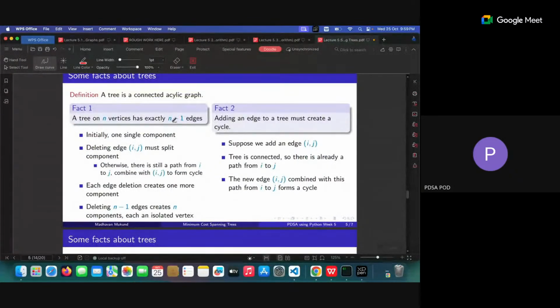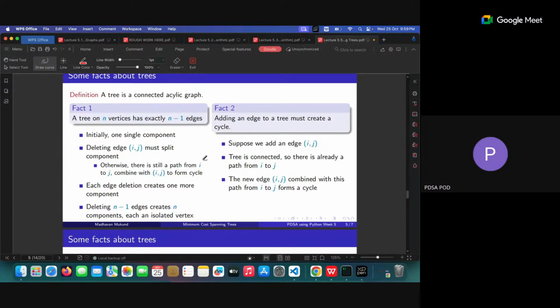Please look at the fact number 1. Initially, one particular vertex is considered as one component, and then deleting an edge will split it. If you delete one edge, it definitely splits into 2 components because they are tightly connected.